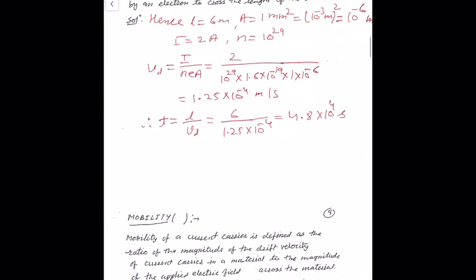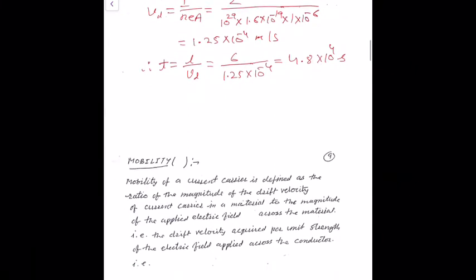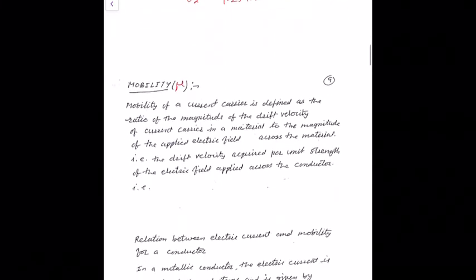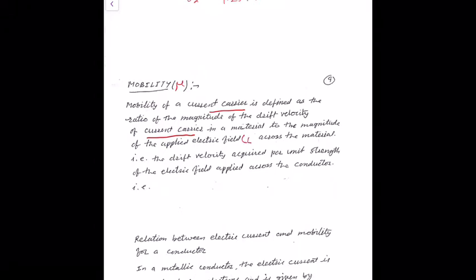Clear? Next, mobility. Mobility is represented with mu. The mobility of a current carrier is defined as the ratio of the magnitude of the drift velocity of the current carrier in a material to the magnitude of the applied electric field E across the material.